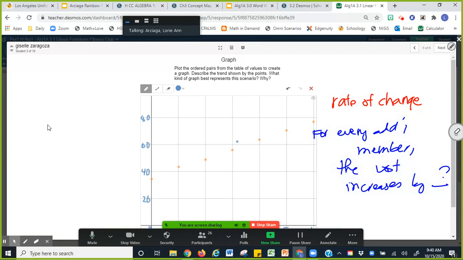How are you going to explain that on the graph? If you look at Giselle's example, if I draw this triangle here, do you remember doing this in middle school? Right? Okay.